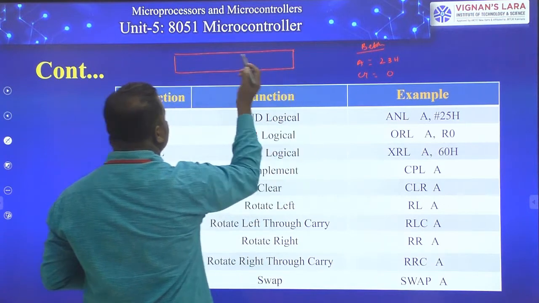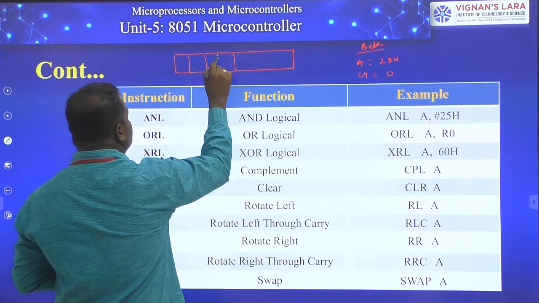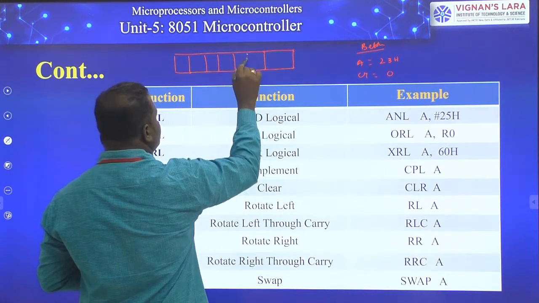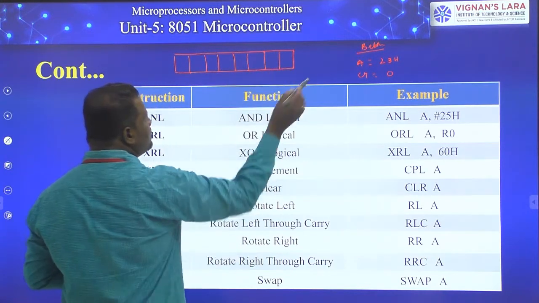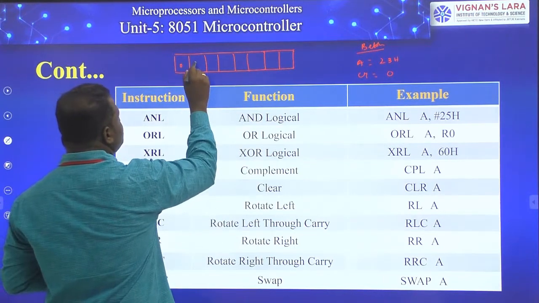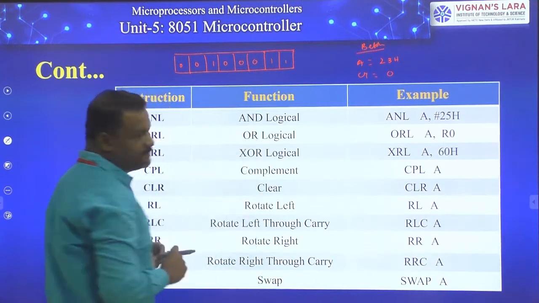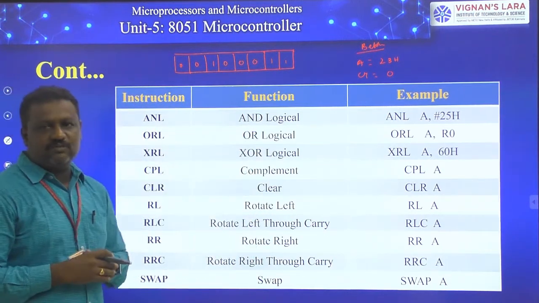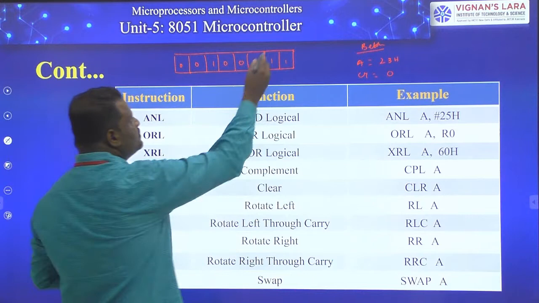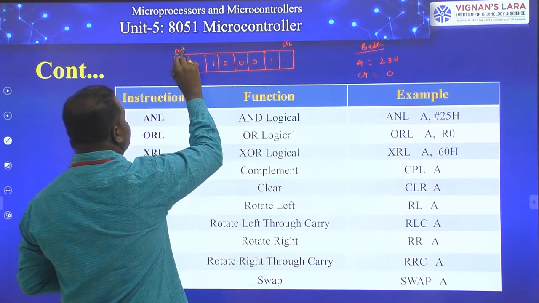We know that accumulator is an 8-bit register. So the bits of accumulator are organized like this. Initially it is loaded with 23H. So 23 means 0010 0011. And initially your carry flag was 0. So this is my LSB and this is MSB.